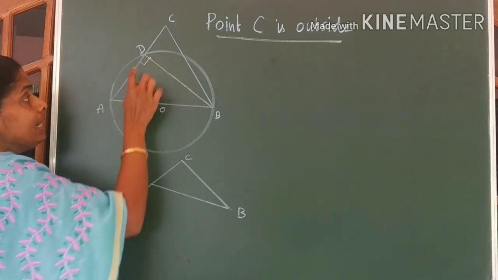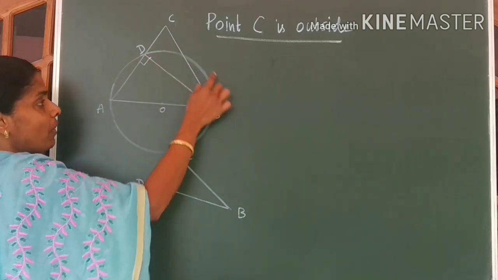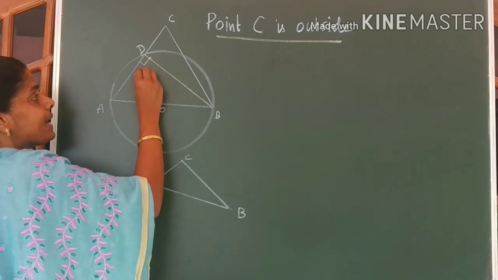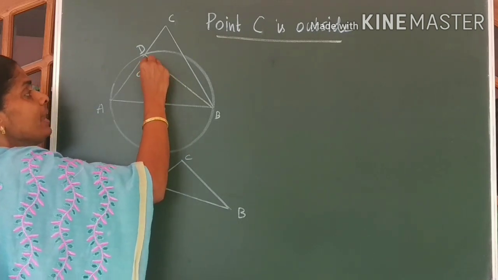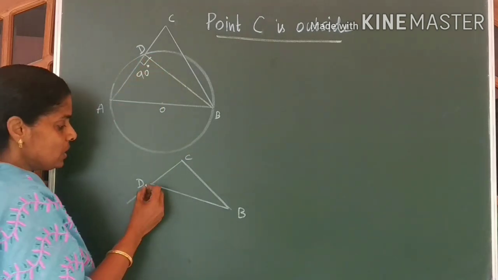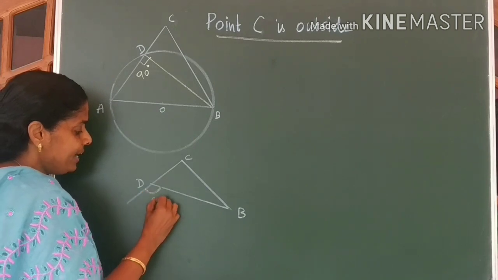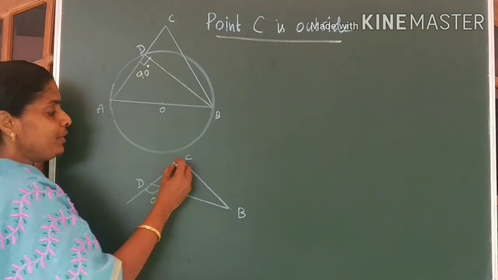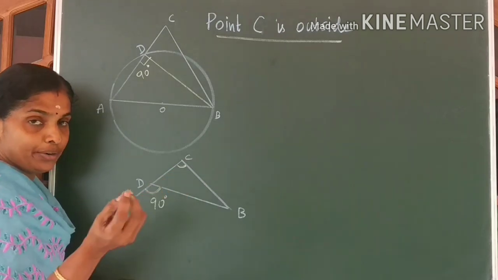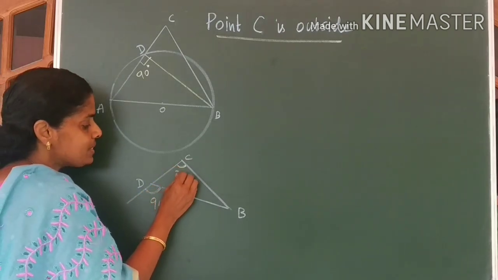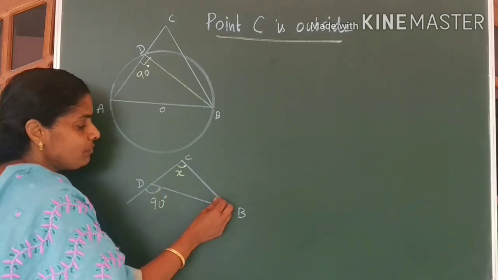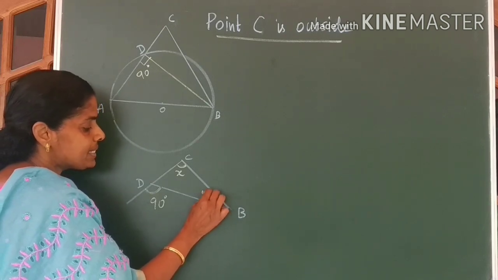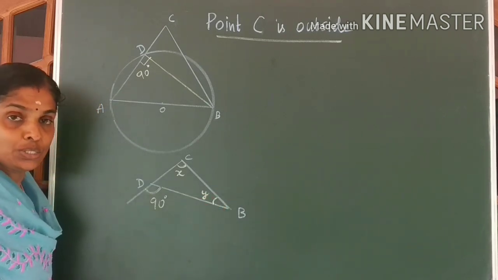We know since D is a point on the circle, this angle is going to be equal to 90 degrees, isn't it? So let me mark here 90 degrees. And do you know this angle? We don't know. Let us consider this to be some x. And we have no idea about this angle. Let us consider it as y.